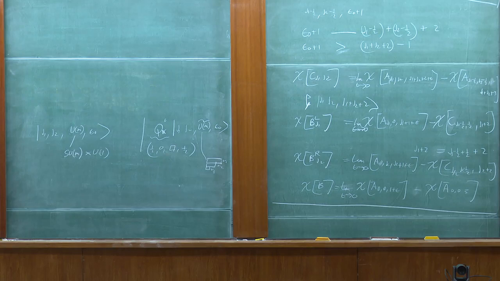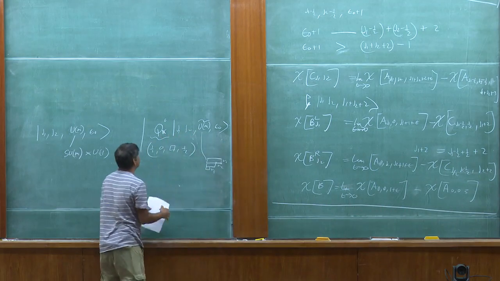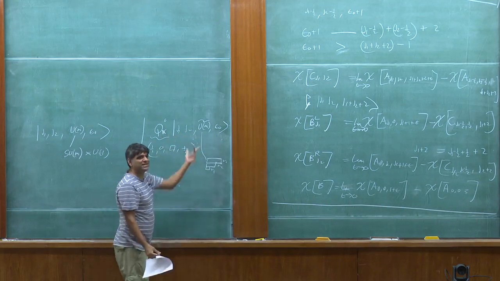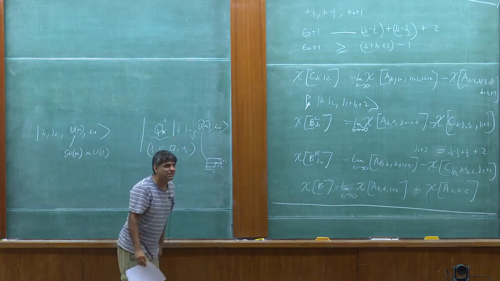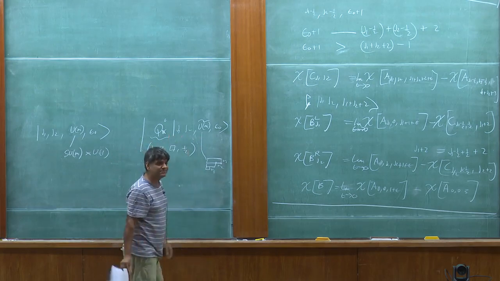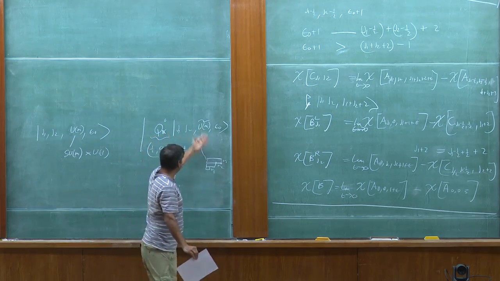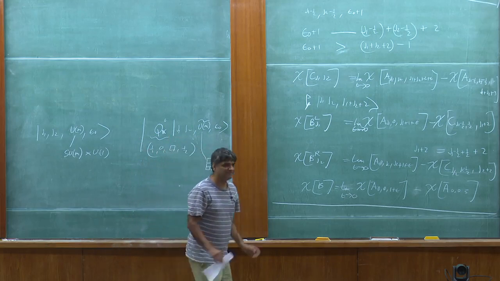Okay? So, the most dangerous, so what do you get when you act with this and this? Well, J1 can go to J1 plus minus half. Something special will happen when J1 is 0. But in general, it can go to J1 plus minus half. J2 will remain J2 because there's no J2 here. Okay? And this UM goes to whatever you get by the Clebsch-Gordan of this guy with 1 box.